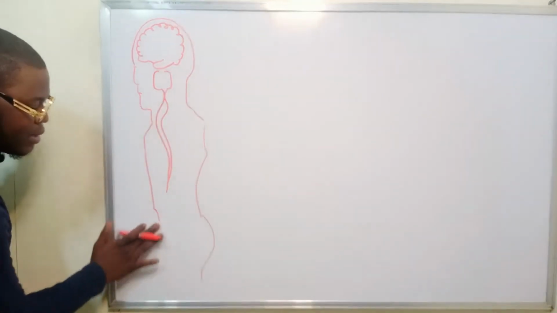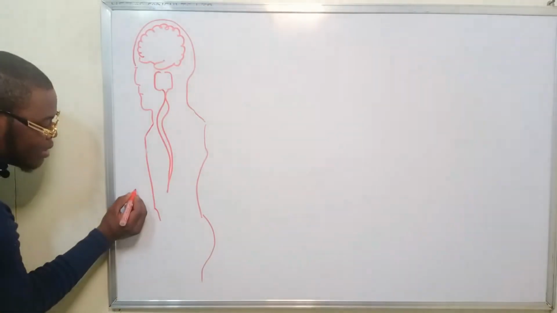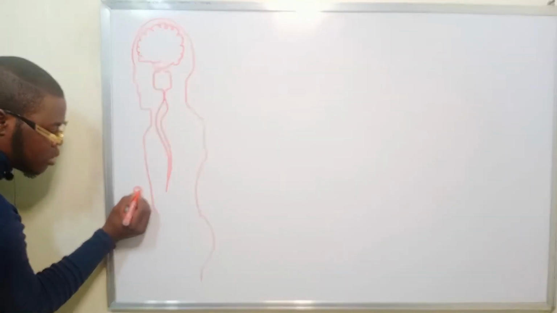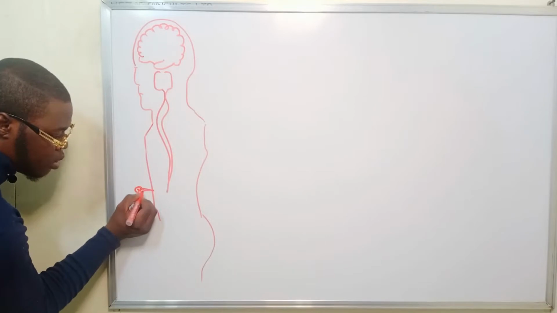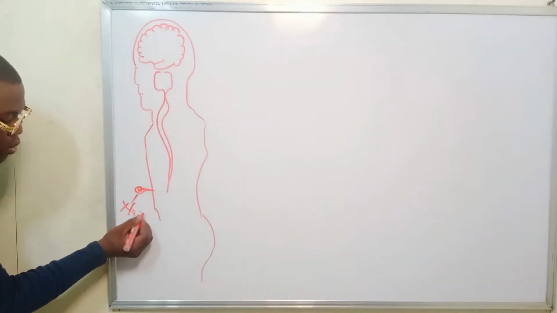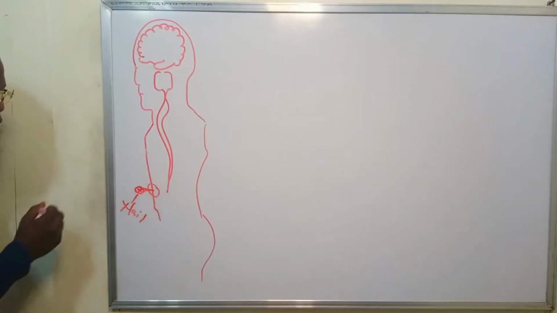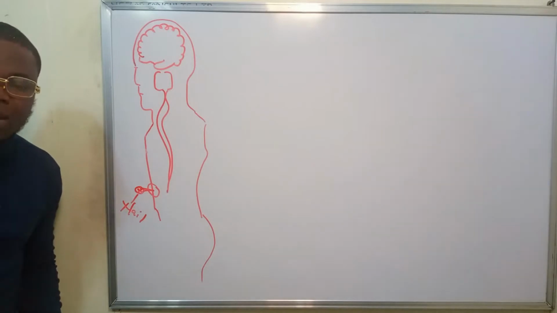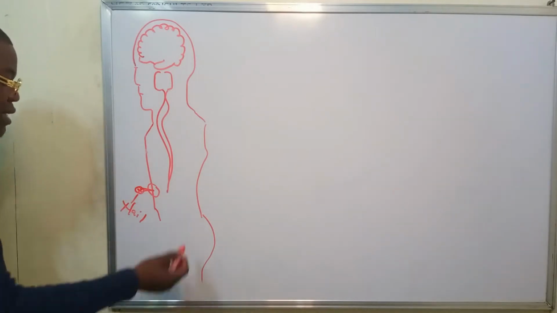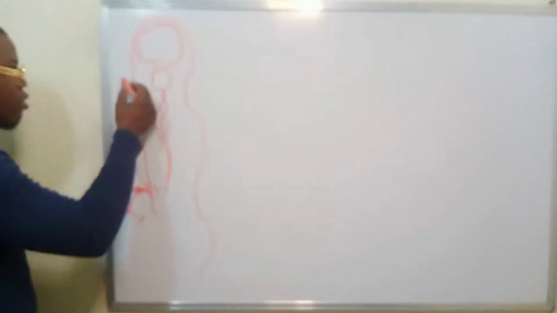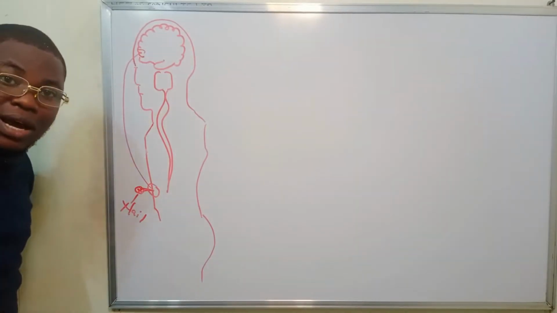Now, this is the point. Let's assume that this person is thrust with a nail at this region of the body. What do you think will happen? The ascending pathway means the impulse must leave this place and run to the brain.